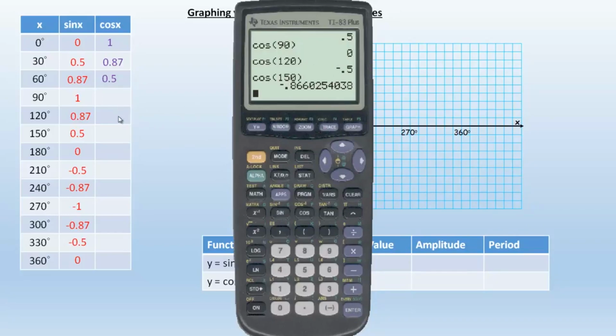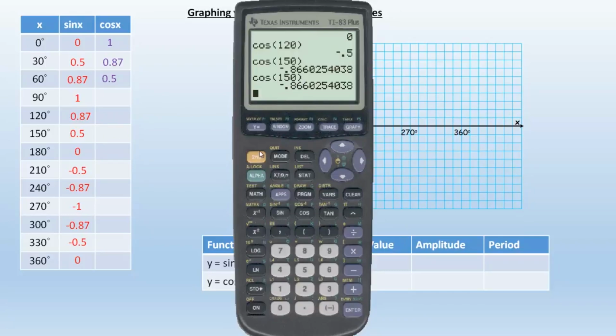This is going to be negative 0.5 here for the 120. And then this is going to be negative 0.87. And actually, I think I'll do the 150 here as well. So remember, the 90 is the 0. Yeah. So that's the 0 for the 90. Negative 0.5. The 150 is negative 0.87.